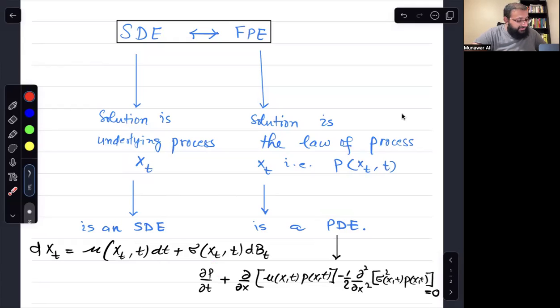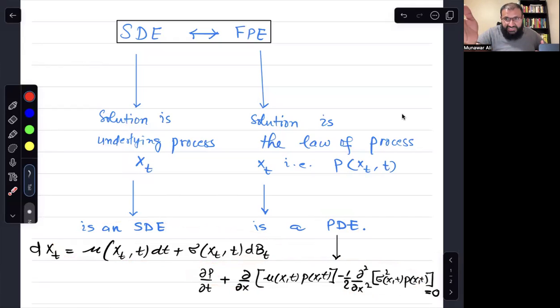So our idea is to take this SDE and convert it into this Fokker-Planck equation. And the idea is very simple. We'll only apply what we call Ito's formula. And Ito's formula, if we see it from a computational point of view, from an applied mathematician's point of view, is simply Taylor series and nothing else.